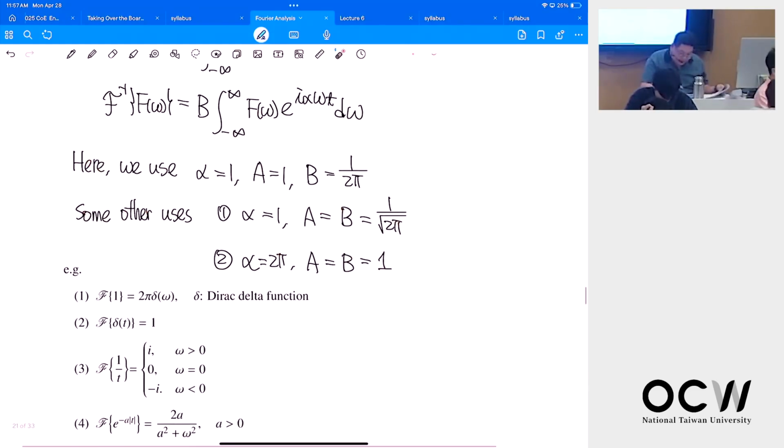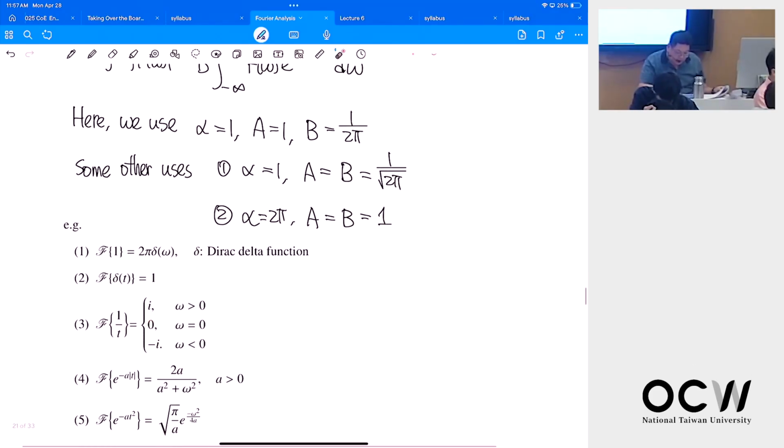And then what is the Fourier transform of 1 over t? Those are just examples. On Wednesday, today's Monday, right, on Wednesday I will show you some tables. We will also use that table throughout this semester.